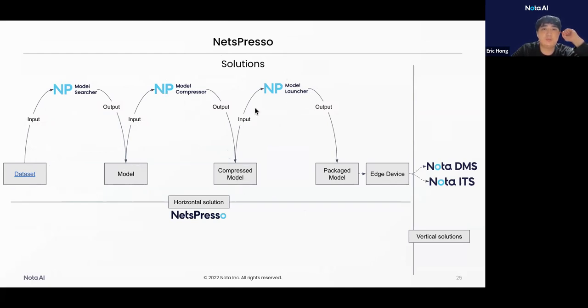And the model launcher input is the compressed model, a small AI model, and output is a package. Package means Python code with WHL files, and you can just install the AI model into the edge device. Then you can use the edge device for your different uses, right?